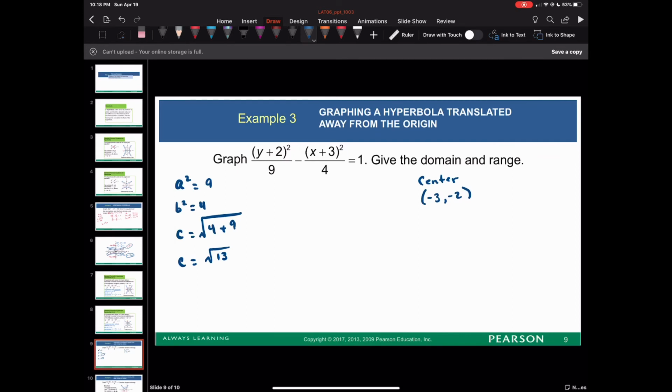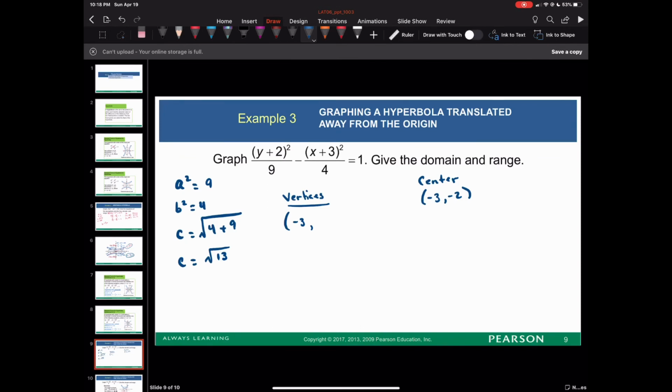So when you go about doing these vertices, we have -3. Then if you go back and look, you're going to have k plus or minus a.